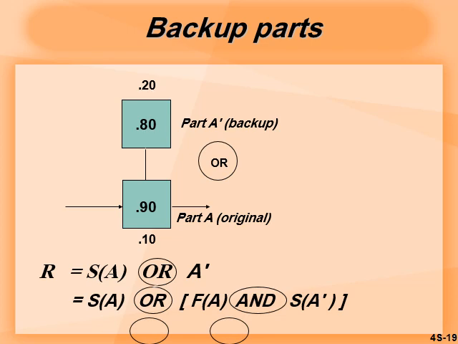This means that and will be times and or will be translated into plus. Success of A equals 0.9, plus, open two brackets, for A prime, the backup part, which consists of failure of the original 0.1 times success of the backup 0.8.